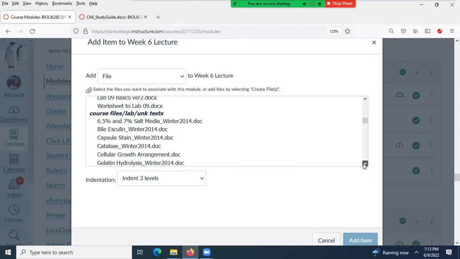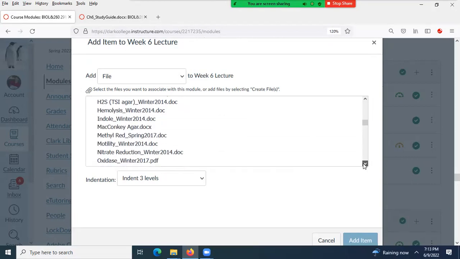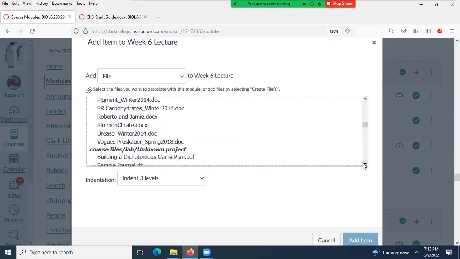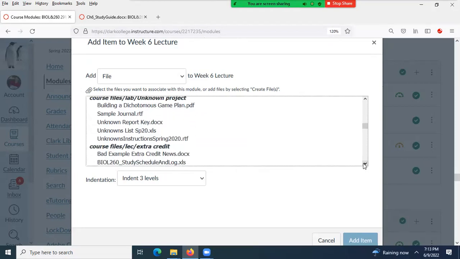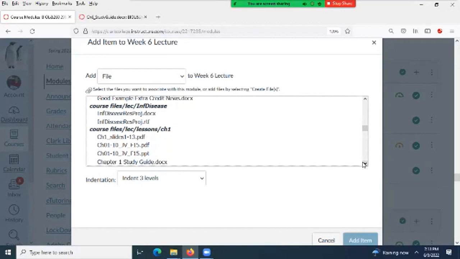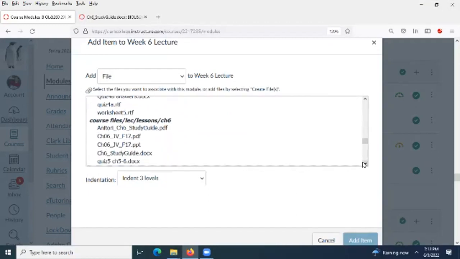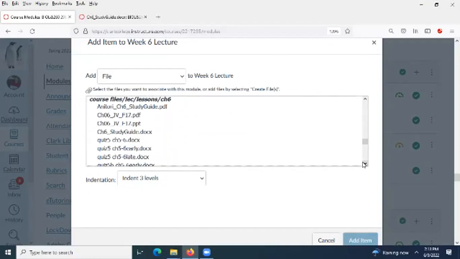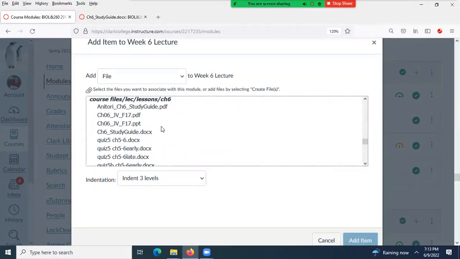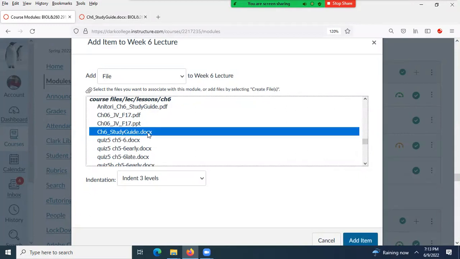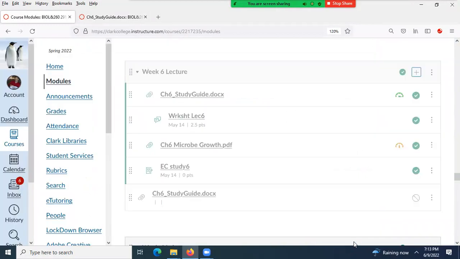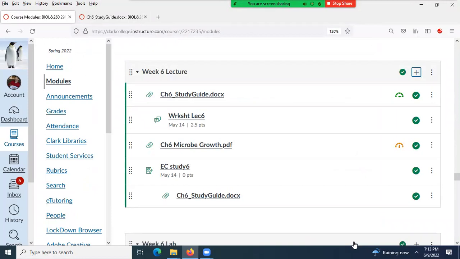Let me take a look here and see if I can find. I might have a mistake in the file. There we go. worst comes to worst, I can use that one. Yeah, I think it's just a typo. I think it's supposed to say chapter 6, because in the book, chapter 6 is microbial growth.